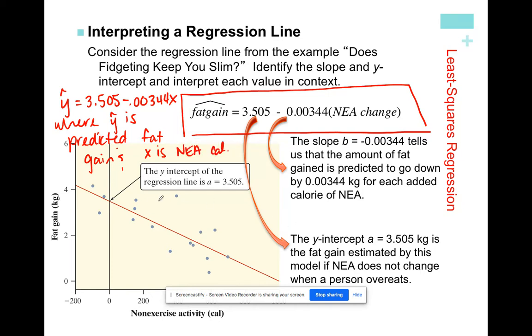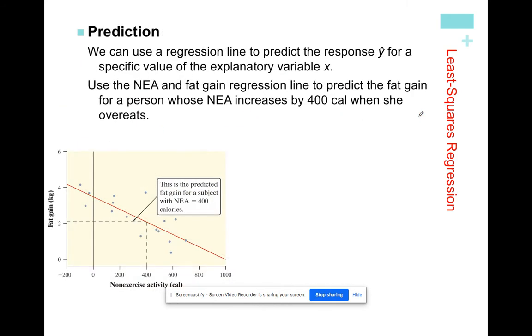If you're going to use the X and the Y, you need to define your variables. If you want to avoid having to write that out, you can put the variable names into your equation.